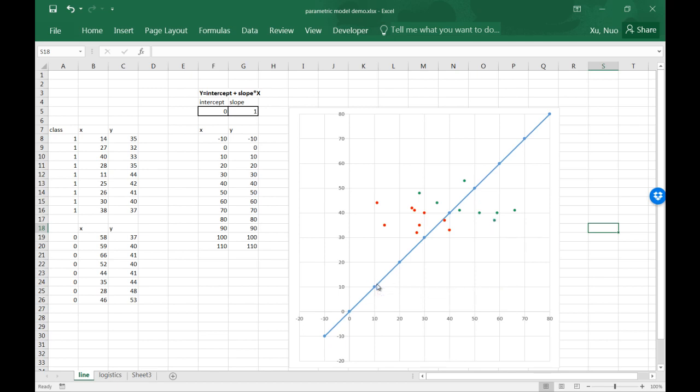Now let's pretend we are machines. We didn't know what an equation like this means. We didn't know what intercept or slope mean either. All we know is that by changing these two values, the line somehow moves accordingly. Now let's try a few different values for the intercept and slope to get a feel for it.